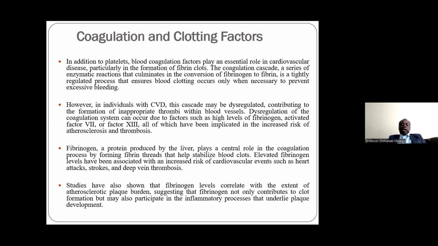And studies have shown that fibrinogen level correlates with the extent of atherosclerotic plaque burden, which means you can use it as a diagnostic marker for differential diagnosis, because if you're able to pin down the exact cause of the problem of a patient, I'm sure the treatment becomes better. But if you don't have a definitive diagnosis, you begin to query a lot of issues in a patient, because a lot of disease conditions mimic different signs and symptoms of the clinical manifestation.